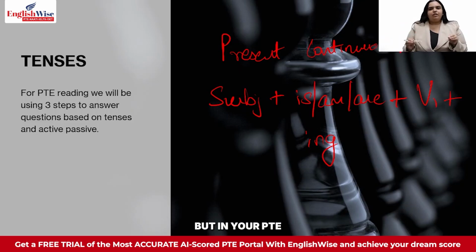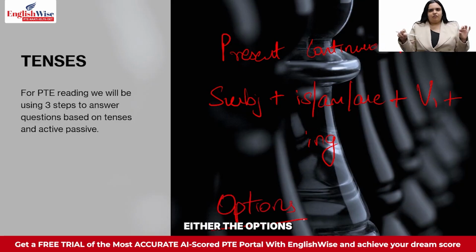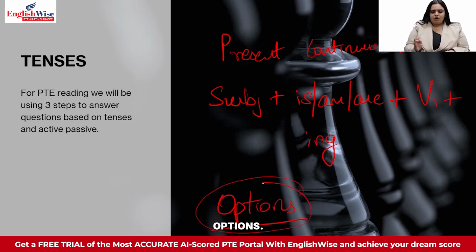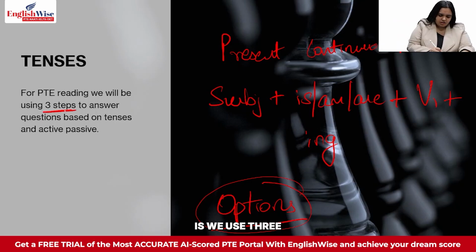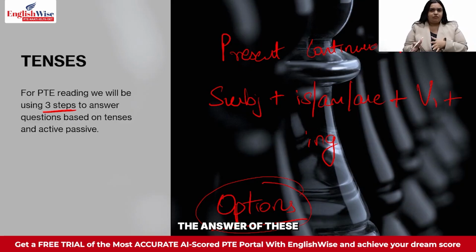Okay, but in your PTE exam, there are no such conversion questions asked. Your questions are based on options. Either the options given in the set below, that is your reading fill in the blanks or your drag and drop blanks, or a set of 4 options, which is your reading and writing fill in the blanks. Okay, so your questions are based on options. I always suggest students that you have to use 3 steps and find out the answer to these kinds of questions.